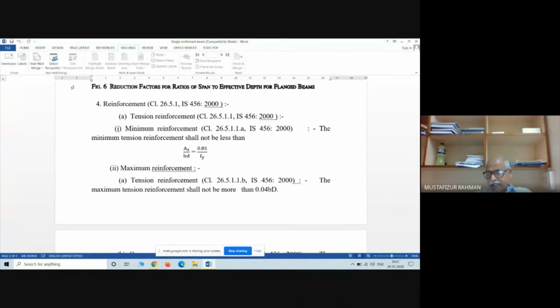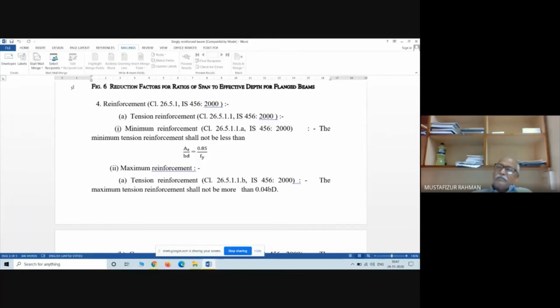You see, Ast divided by bd is equal to 0.85 by fy. That means Ast minimum will be equal to 0.85 bd by fy. bd is known to us.